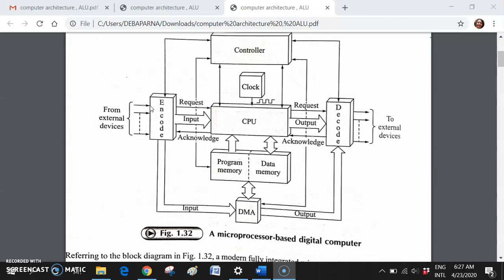In this way, suppose 1 volt is coming, the equivalent data will be 0001. If 2 volt is coming, the equivalent data will be 0010. This is 4-bit data. This encoder is a 4-bit encoder, so it produces 4-bit digital data for an analog signal.